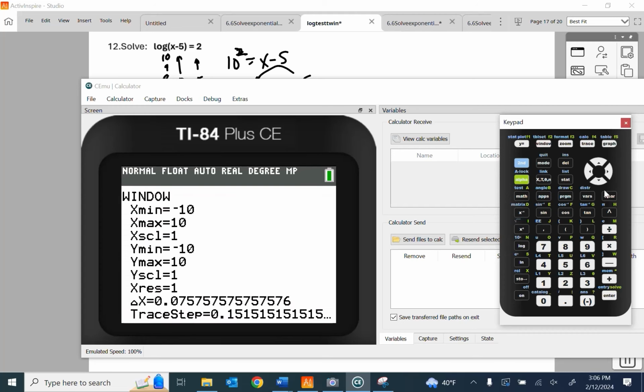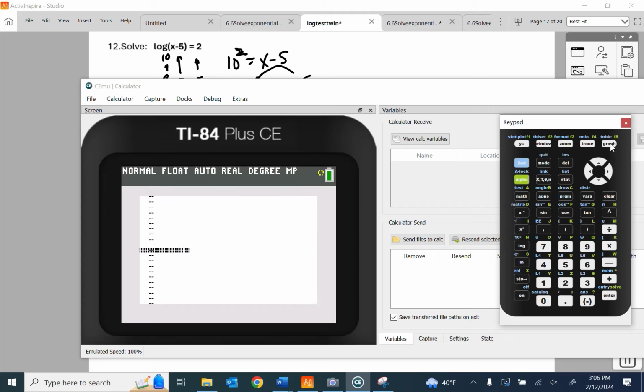I actually know what the x value is already, but you might have to just guess a number here. Let's just say 150. It's big enough, right? Hit graph. Then second trace 5. Press that enter key 3 times, and it's probably going to say 105, and it did.